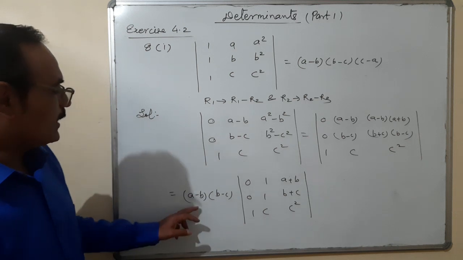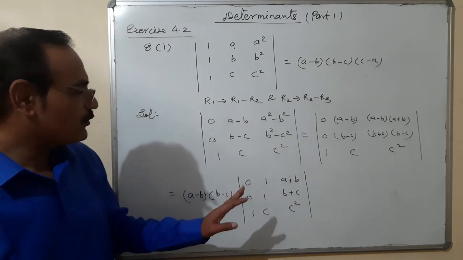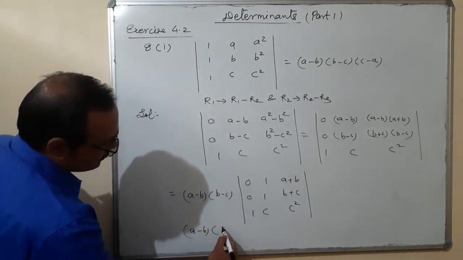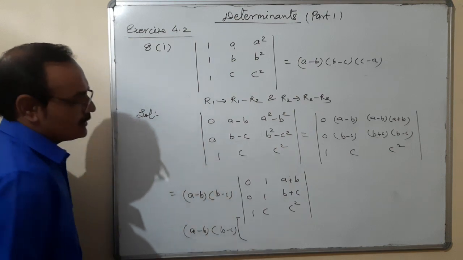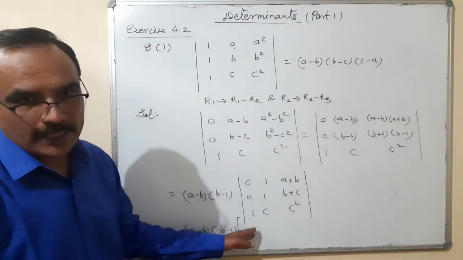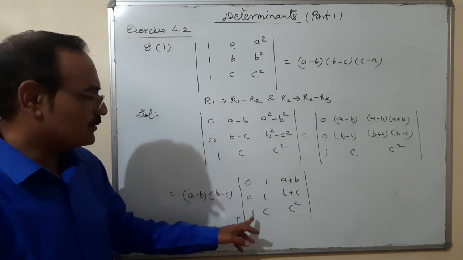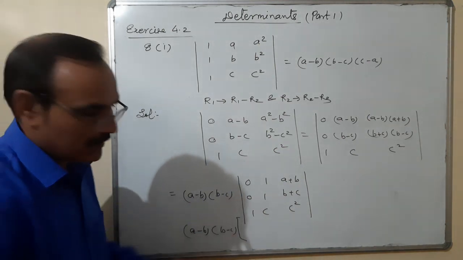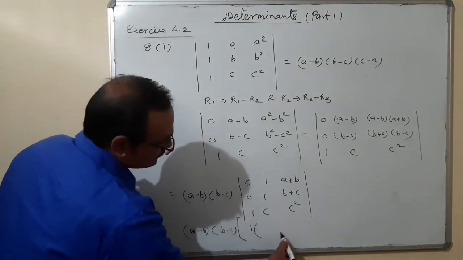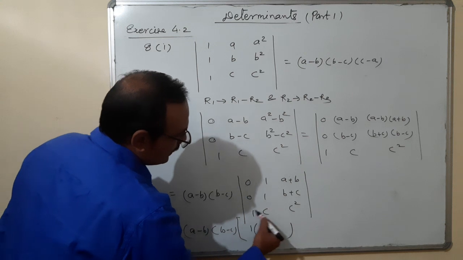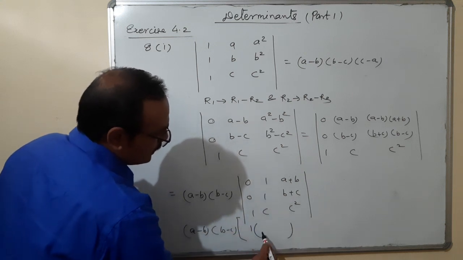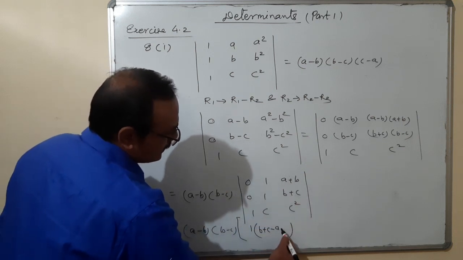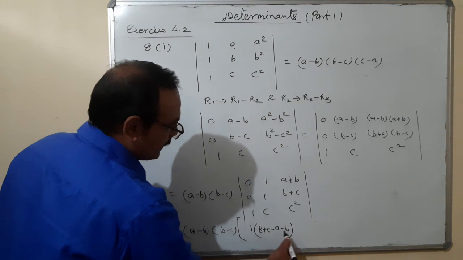Okay, A minus B, B minus C, got it? After that, there is no problem using the property directly. Expanding column-wise along C1, C2 and C3, two elements are 0, so those terms vanish and only the 1 is left, leaving out its row and column. What comes is 1 multiplied by (B plus C) minus 1 multiplied by (A plus B), which is C minus A, since B and B cancel.